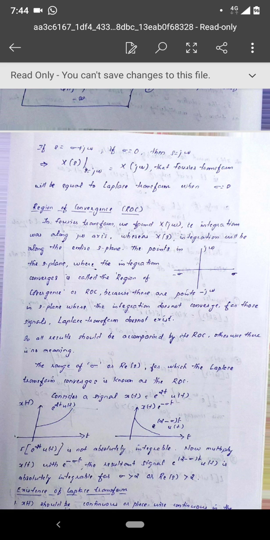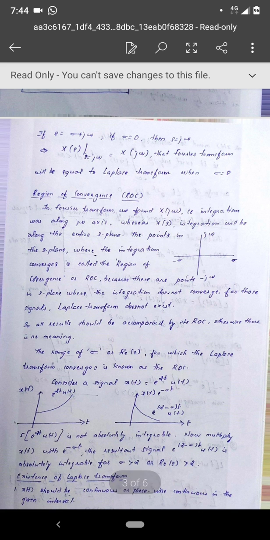Earlier itself I told this statement. So what are those points? Those are points where the real part of s, or sigma value, is negative. When sigma value becomes negative, that is the value of sigma which makes e raised to minus sigma t into e raised to plus sigma t.